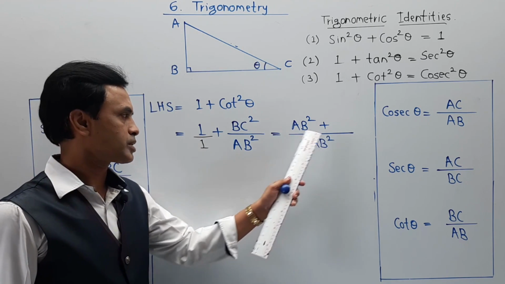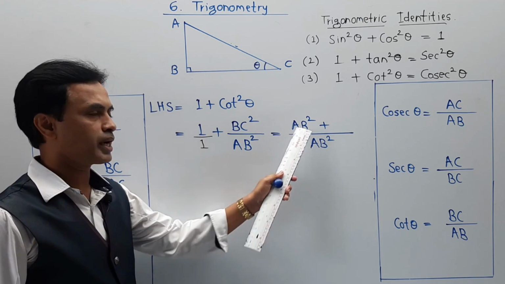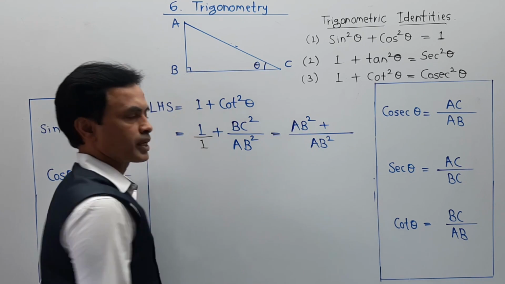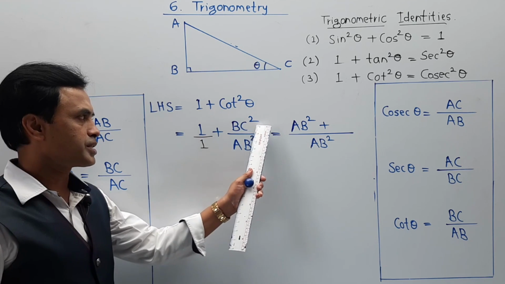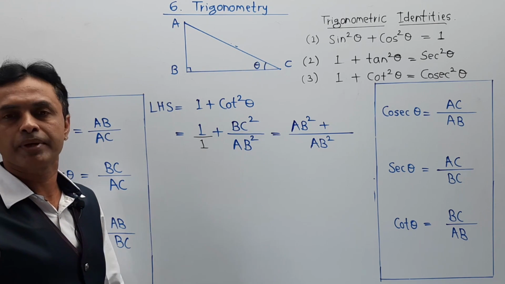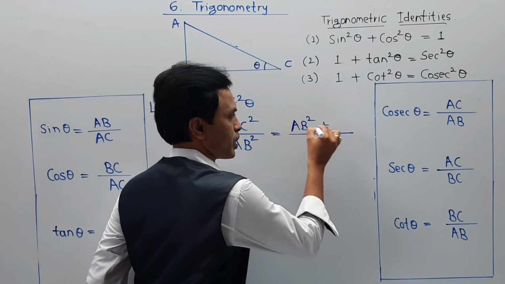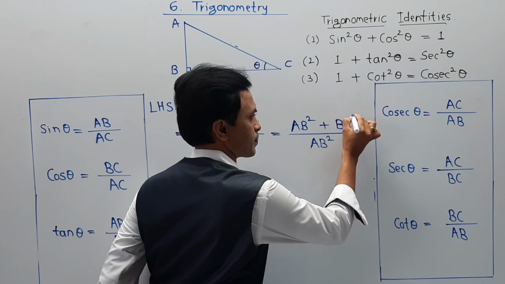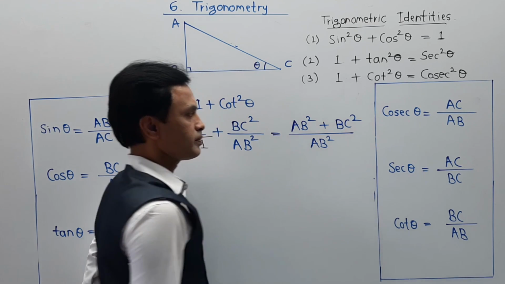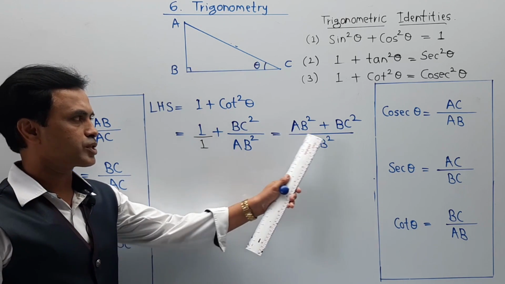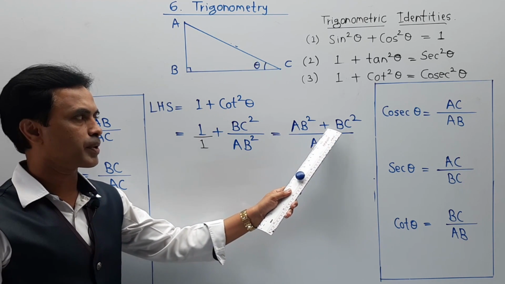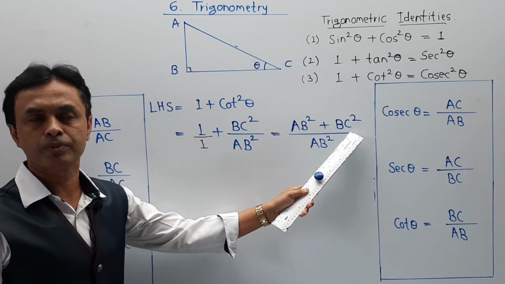Because this sign is a plus, so I have written AB square into 1, that becomes AB square. Next, 1 into BC square becomes BC square. So AB square plus BC square. Again we are getting a step AB square plus BC square, which is the numerator.